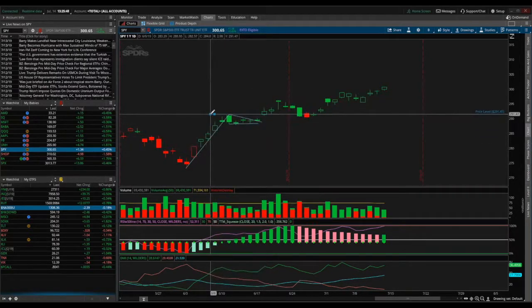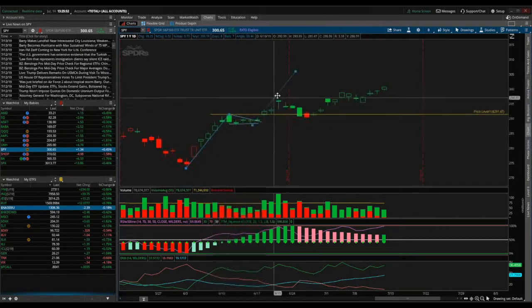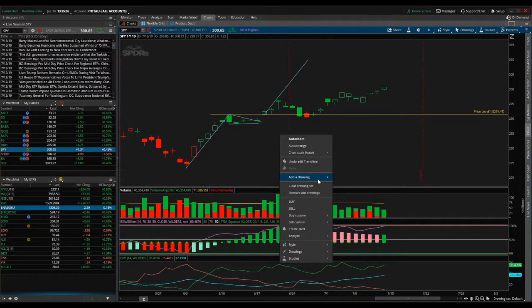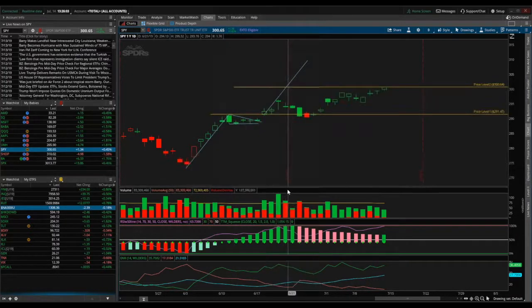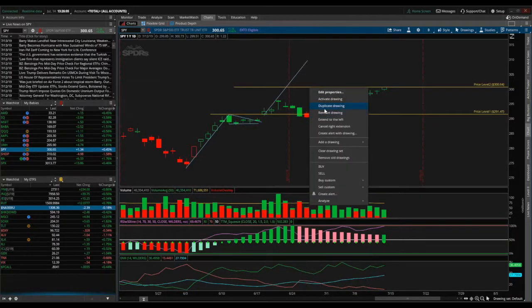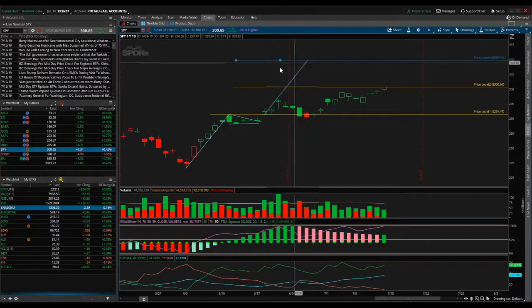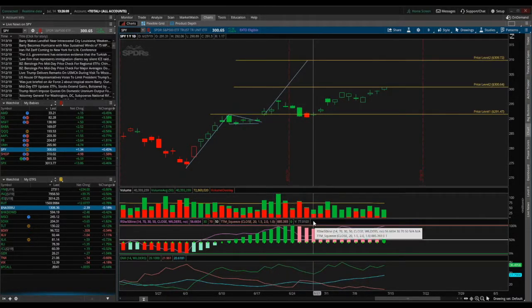The top of the flagpole is our breakout, and if we duplicate this and extend it to the breakout side, about halfway up is price target 1, and all the way up is price target 2.